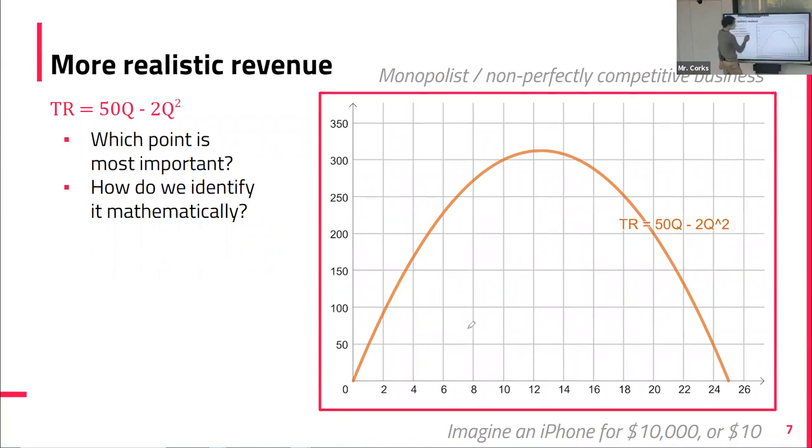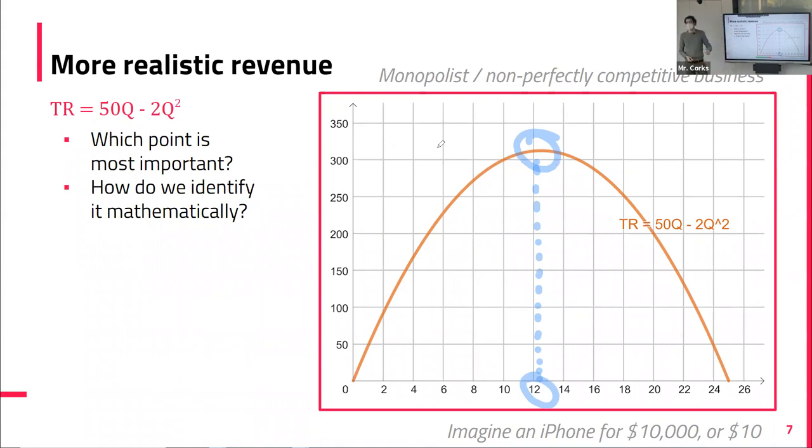Okay. So this point where Q is about 12, then we get this point here. It's the maximum. That's the highest possible total revenue. That sounds pretty good if we're running a business, the most amount of money that we could earn.